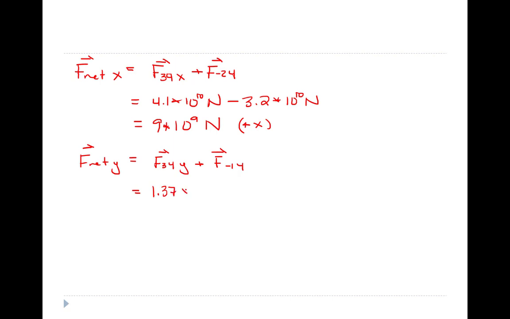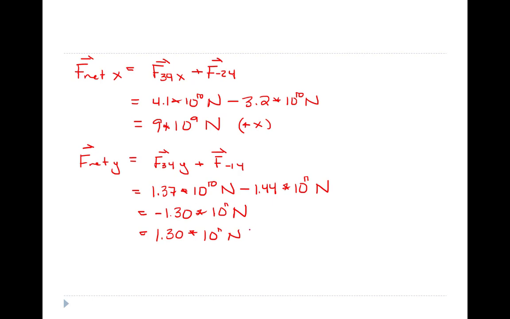So 1.37 times 10 to the 10th newtons minus 1.44 times 10 to the 11th newtons, which works out to be negative 1.30 times 10 to the 11th newtons. That negative sign I'm now going to interpret and write this as 1.30 times 10 to the 11th newtons and make a little note to myself, hey, this guy's in the negative y direction. So there he is.